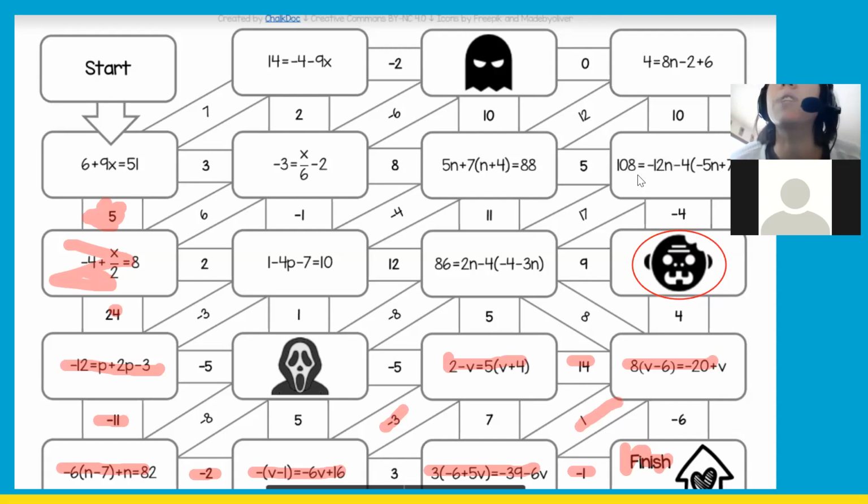So go ahead and click join once you see it. Yay, it worked with everybody except Aiden. Aiden, click join. You see join?